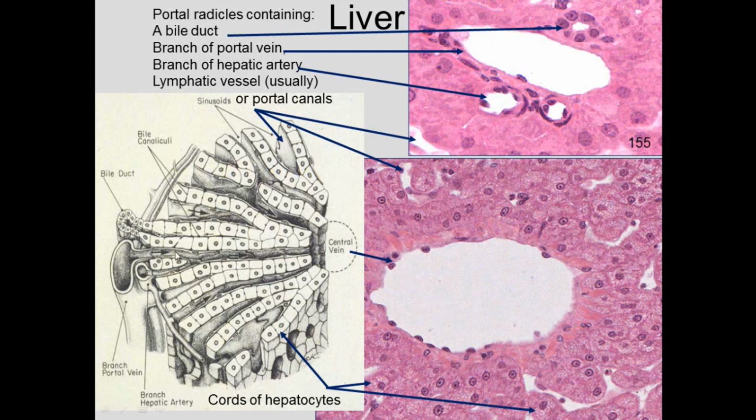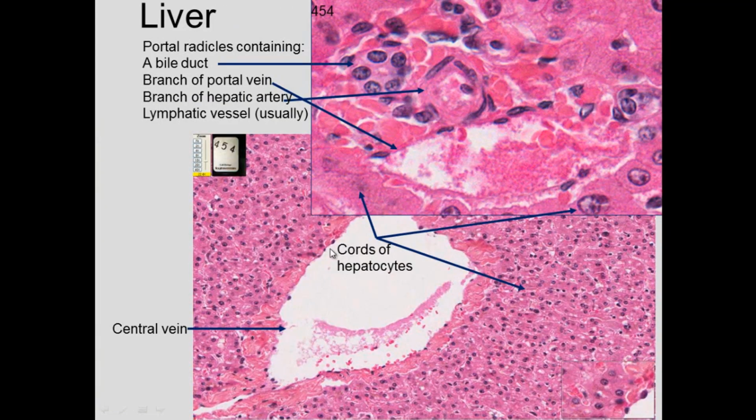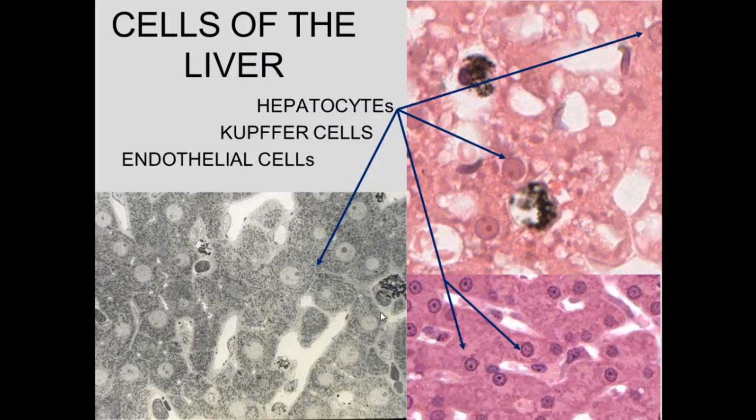And then blood would be percolating down through here, ultimately going to the central vein that we're seeing right here. And these are the hepatocytes that we see. In another specimen, we can see the same thing, the bile duct, the artery, the hepatic vein, which is a part of the hepatic portal system. You can see the cords of cells located here and the central vein.